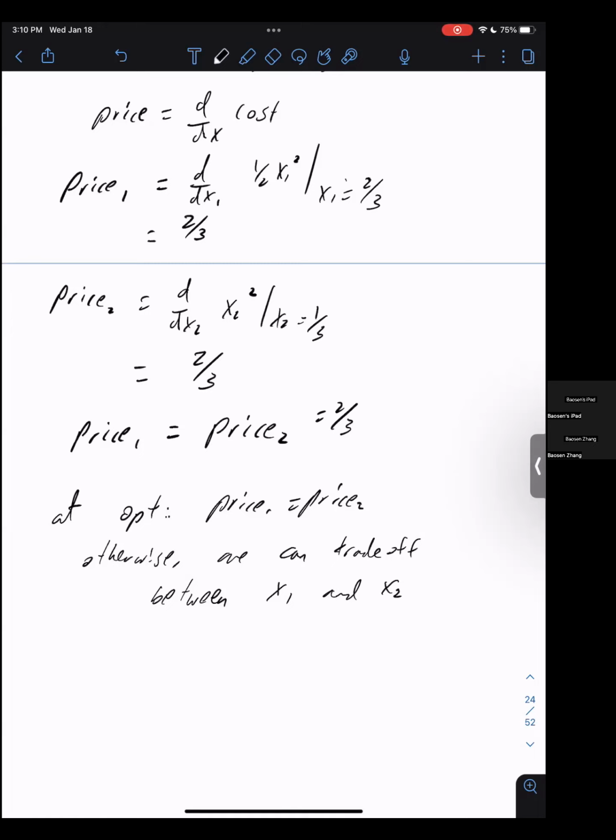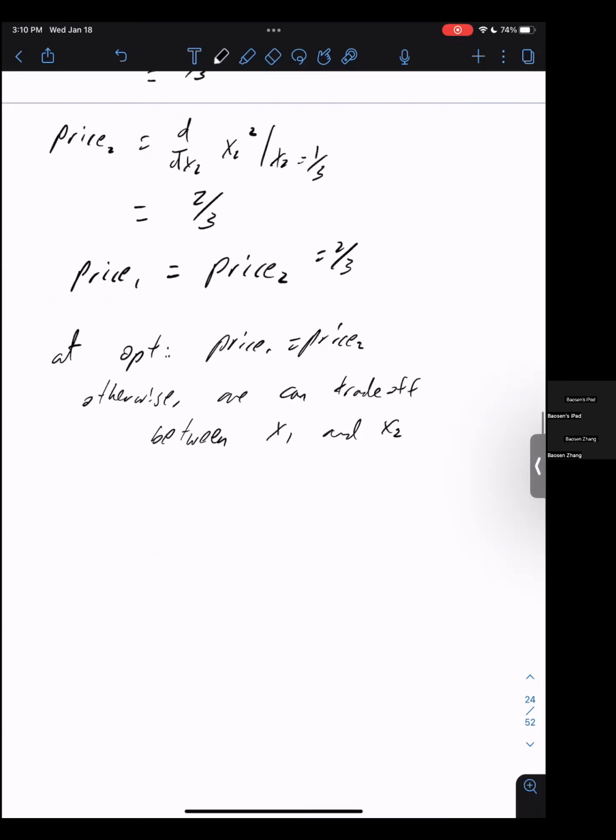Okay, so this is fairly easy to prove if everything's quadratic and you only have two producers. You substitute one into the other. You can easily prove that the marginal costs must be equal to each other. What is harder to prove is what happens if you have more than two. Substitution is harder to do, and to show mathematically that this is always true, that's the idea of duality theory.